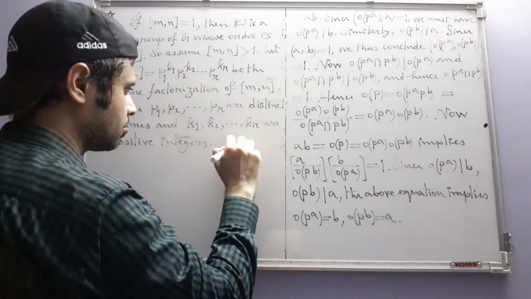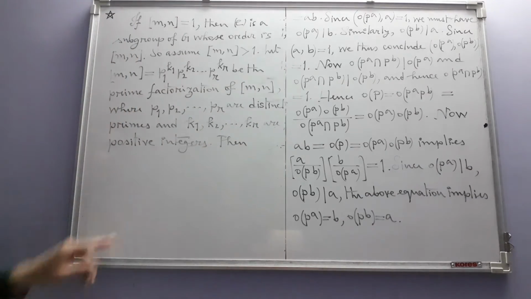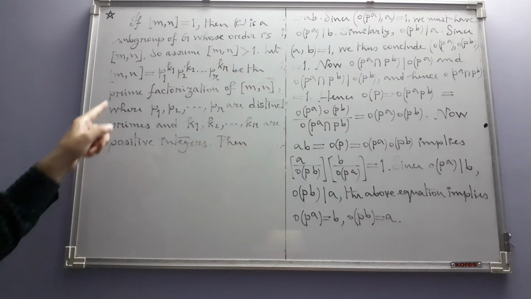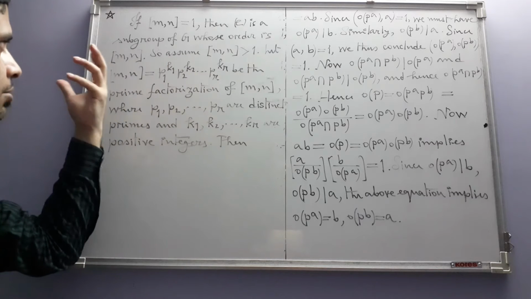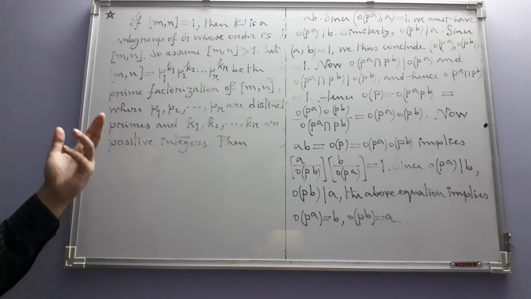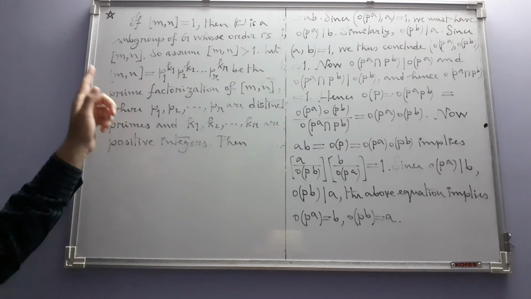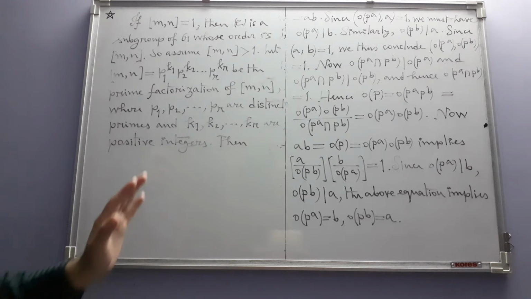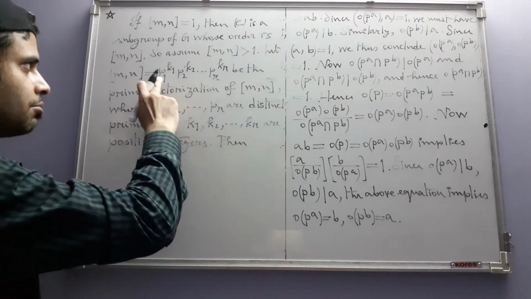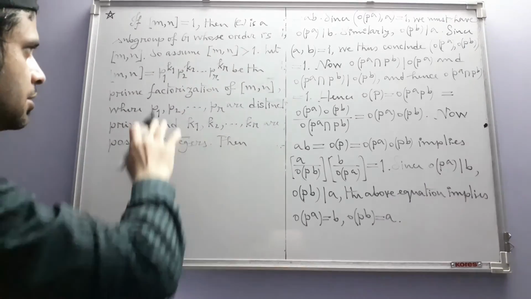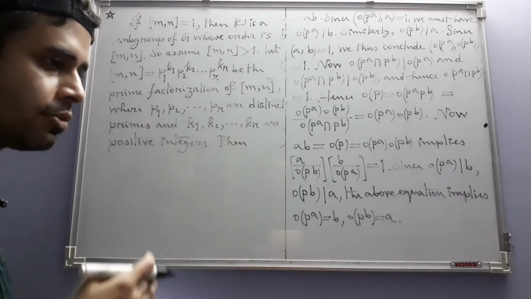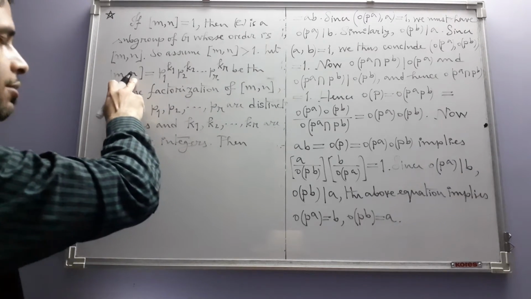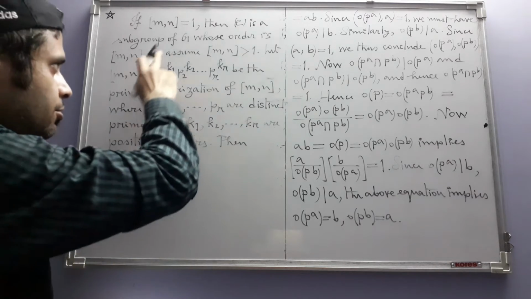Then, okay, now look at this prime factorization and think of m and n. Since this is the LCM of m and n, the prime factors of both m and n are from among these primes. It cannot be something else which has not been listed here, because since this has to be a multiple of both m and n, every prime factor of m as well as every prime factor of n has to divide this number.